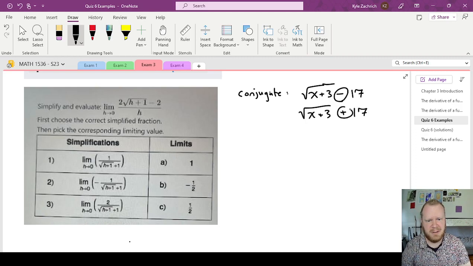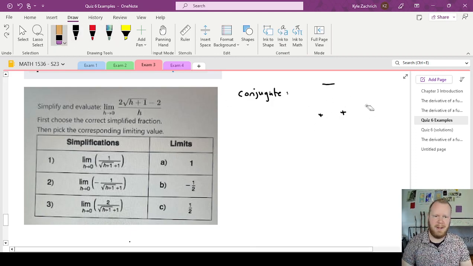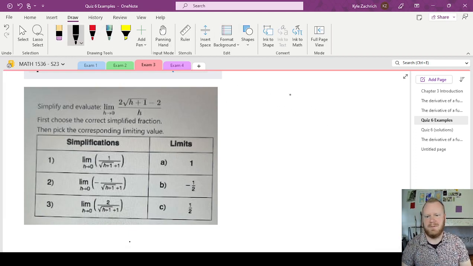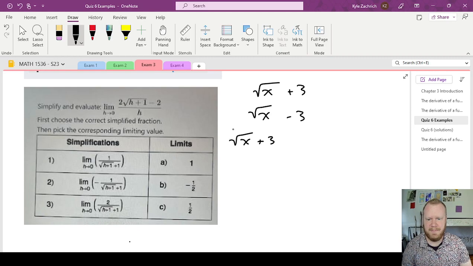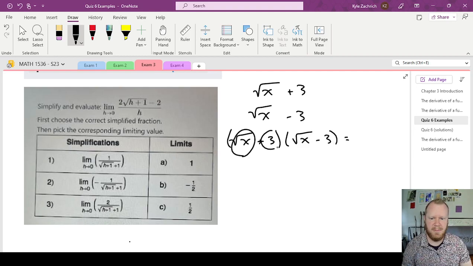So you're basically just changing this plus to a minus or this minus to a plus. That's what makes it a conjugate. And the nice thing about multiplying conjugates together, for example, if I say square root of x plus 3 and square root of x minus 3, if I multiply those two things together, I just get this term squared minus this term squared. So I get x minus 9. So that's going to come in handy here.